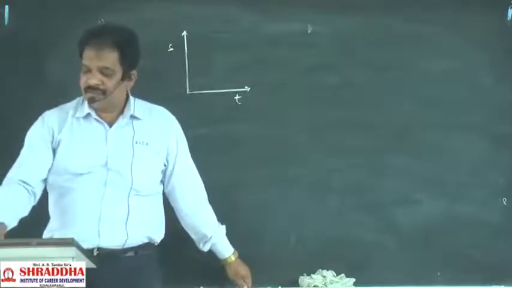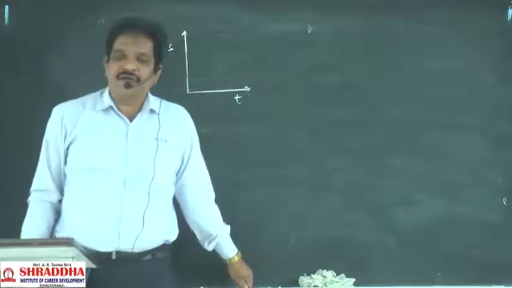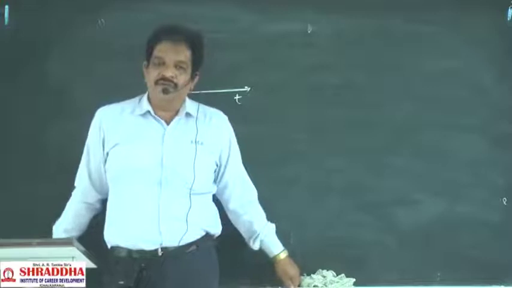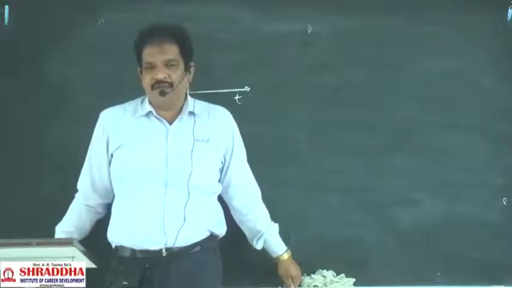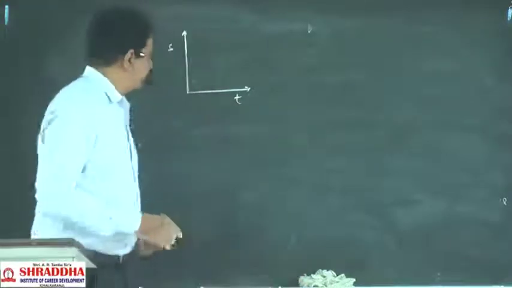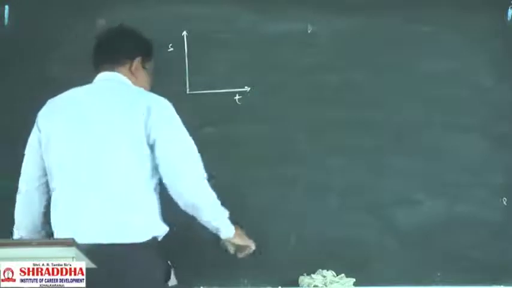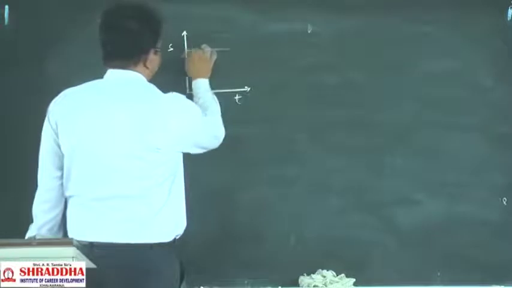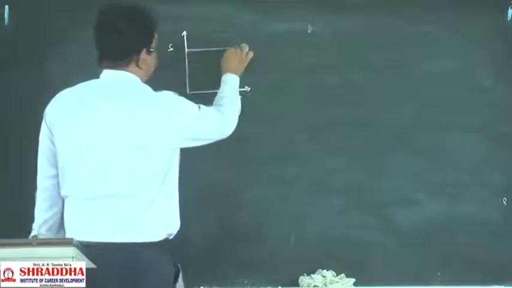What is the second use? The slope of the chord between two points will give the average velocity. Next, if the shape of the graph is like this, what is it saying?